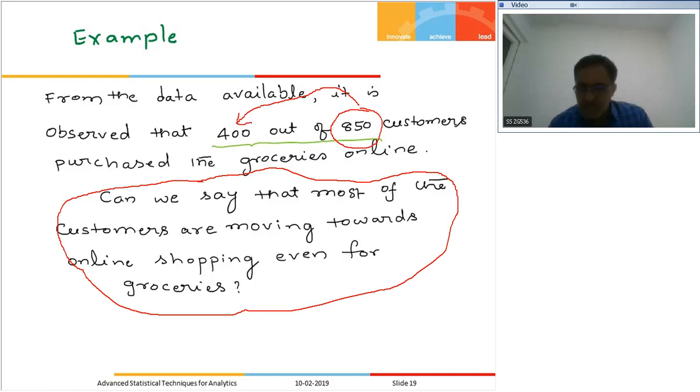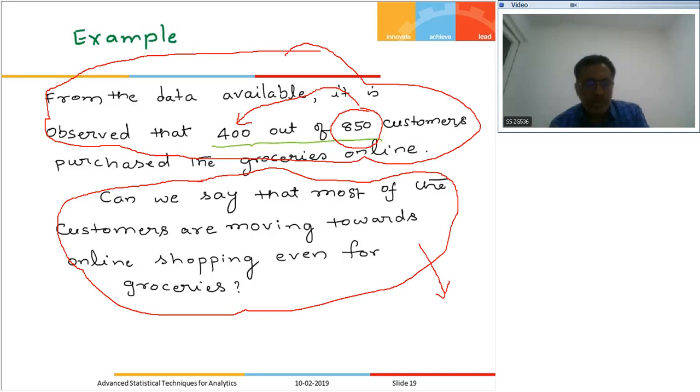This is an assumption related to the population, and then we took a sample of 850 customers, out of which 400 prefer online purchasing.